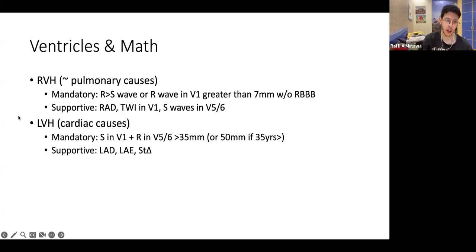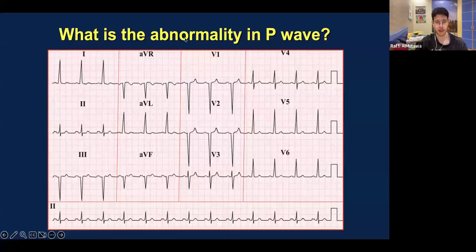So let's recap. RVH: V1, R wave greater than 7, or R greater than S wave. With left ventricular, S in V1 plus R in V5 and V6 is greater than 35, or if it's a patient younger than 35 years, 50 millimeters. That is the basic concepts for enlargements. So let's start.